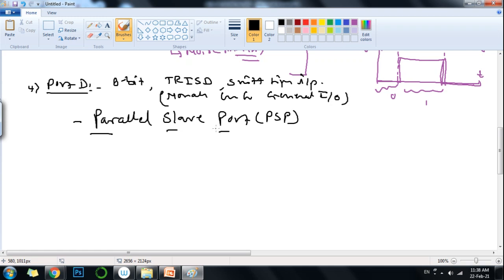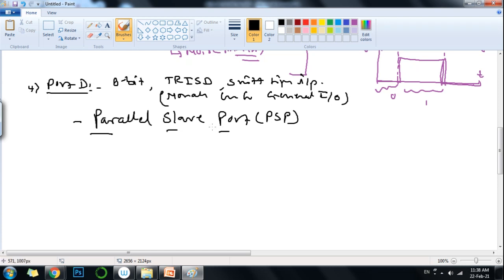We have seen that such handshake facility is available in the ports of the 8255 PPI. Here no other port has this facility, but port D is provided with at least a partial type of handshake signal facility, and that is when it operates as PSP.